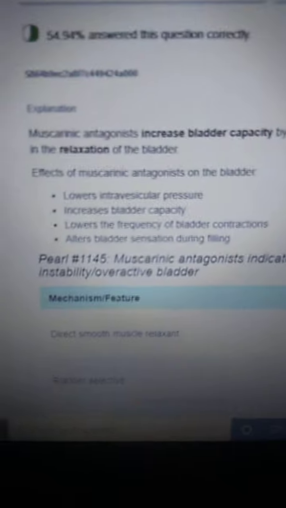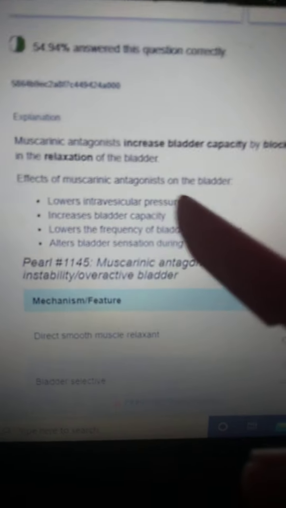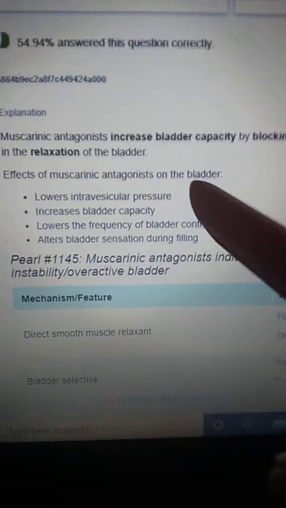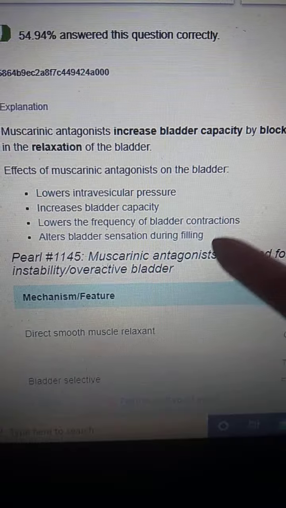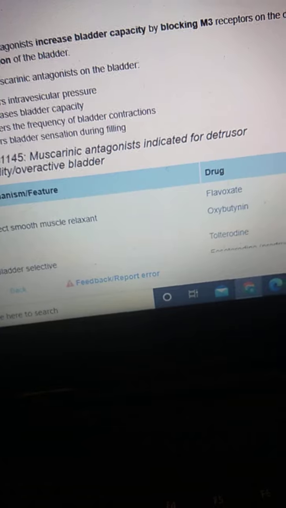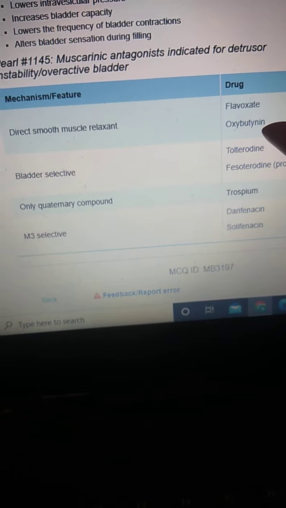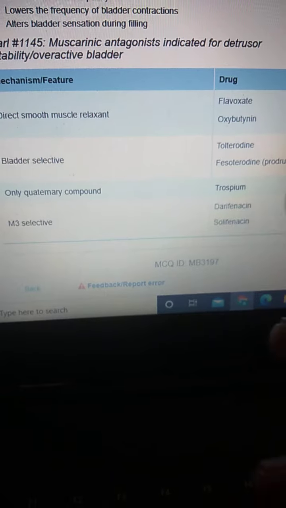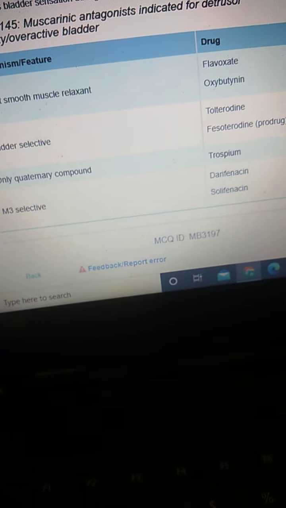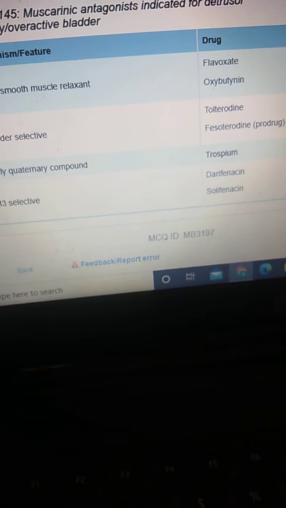They relax the bladder by lowering the intravesical pressure, increasing bladder capacity, lowering the frequency of bladder contractions, and altering bladder sensation during filling. That is how they are useful in detrusor hyperactivity. What are the other M3 blockers? We have flavoxate and oxybutynin. Bladder selective are tolterodine and fesoterodine. The quaternary compound is trospium. M3 selective are solifenacin and darifenacin. So these are the M3 blockers.